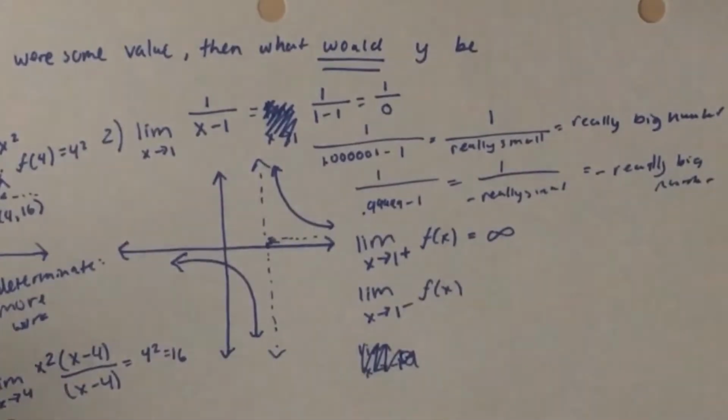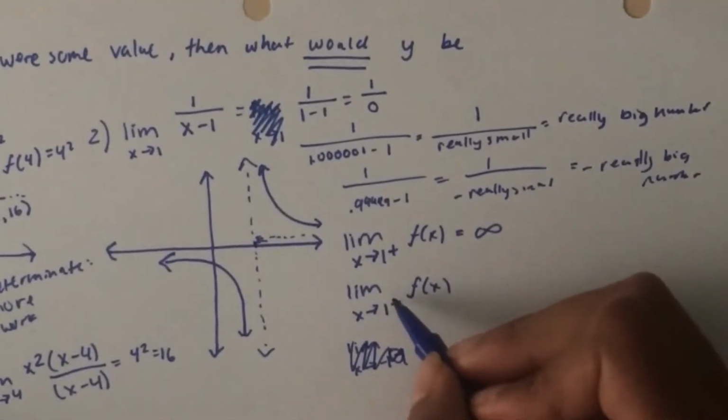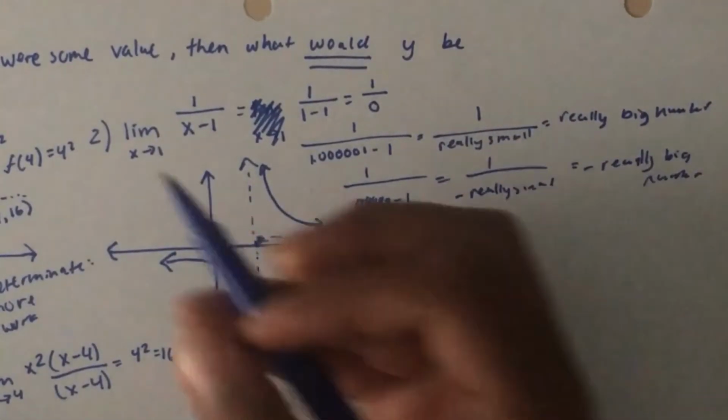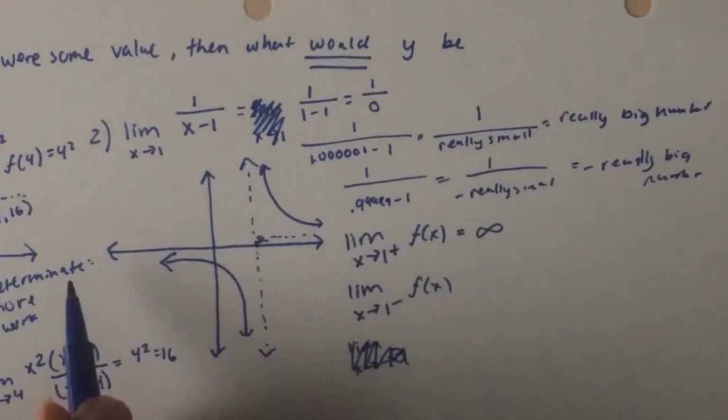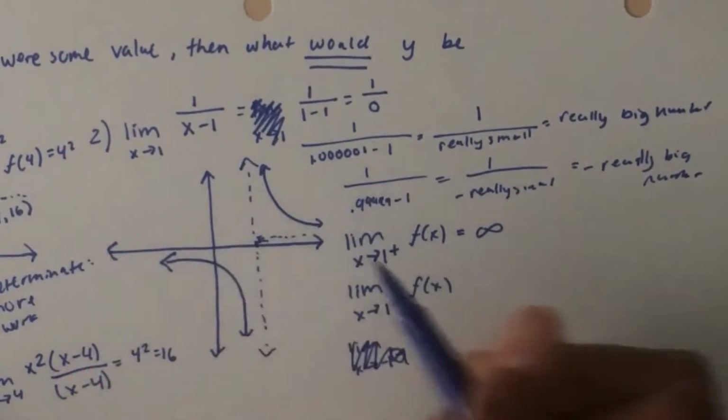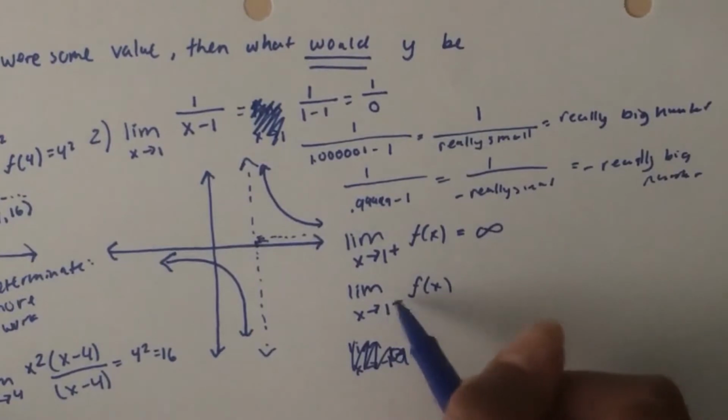And like I said, this negative symbol, let me remove this calculator. But this negative symbol tells us we're approaching from the left side, since the left side is negative.